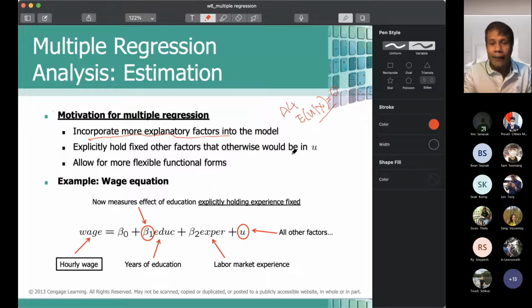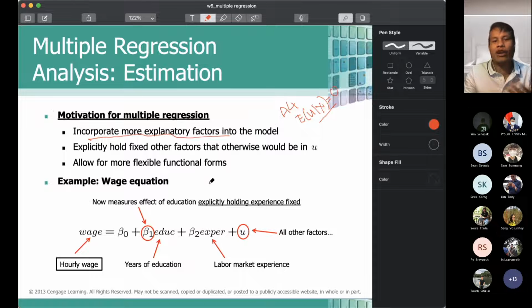You will understand this. But the third motivation is that it allows you to use more flexible functional forms. It allows you to use natural logarithms. It allows you to use what we call exponential or quadratic functional forms. Because with one variable, you cannot use more flexible functional forms.